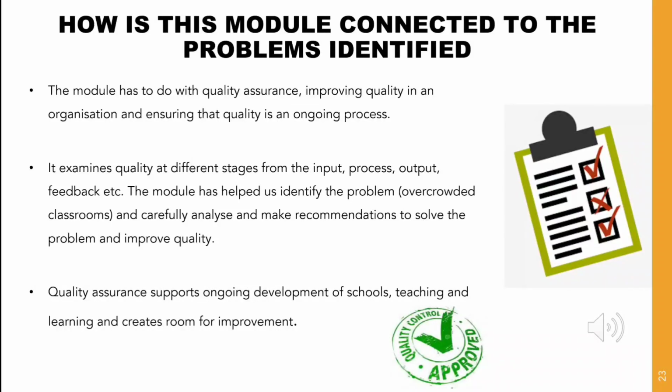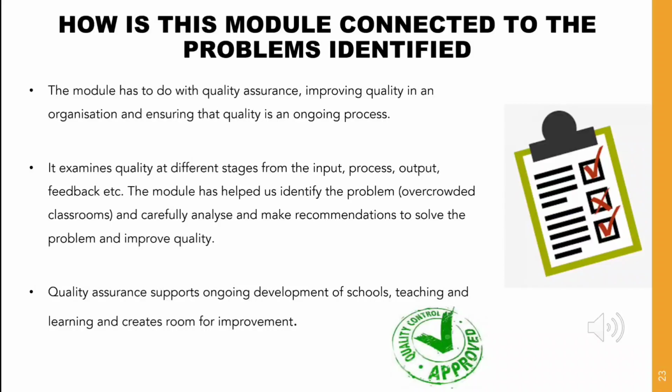The module has to do with quality assurance, whereby quality is improved in an organization, and ensuring that quality is an ongoing process. It examines quality at different stages from the input process, output, feedback, etc. The module has helped us identify the problem, which is overcrowded classrooms.